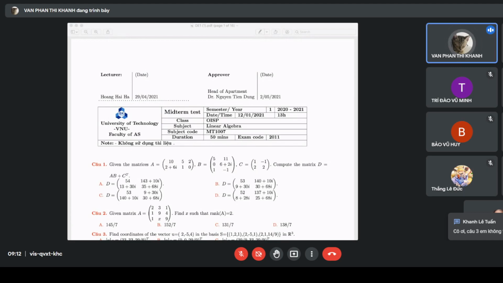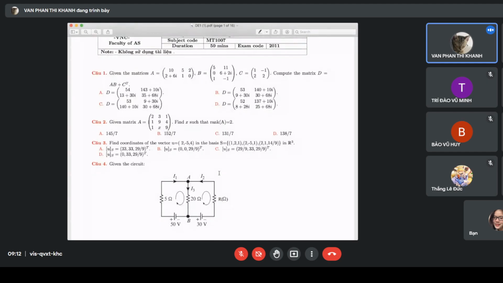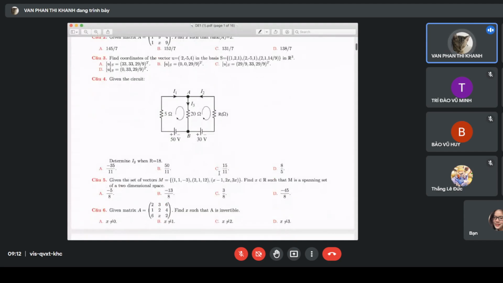Number 3. You say you can't find the answer. I'll check it. Your friend says that number 3 doesn't have an answer. Let's check it. U here is (2, -5, 4), and A here is the matrix with rows 1, 2, 1; 2, -5, 1; 2, 1, 14/9.